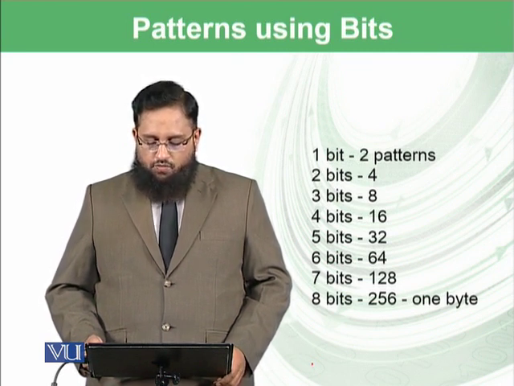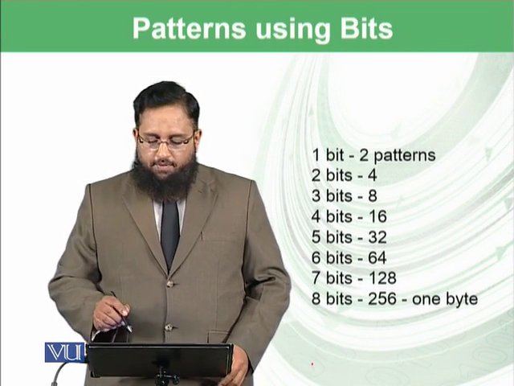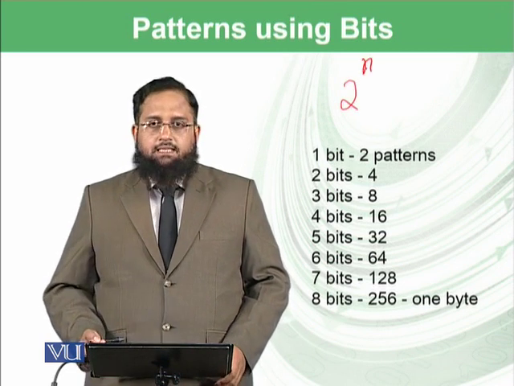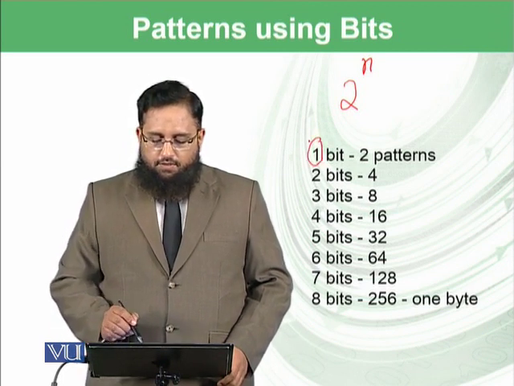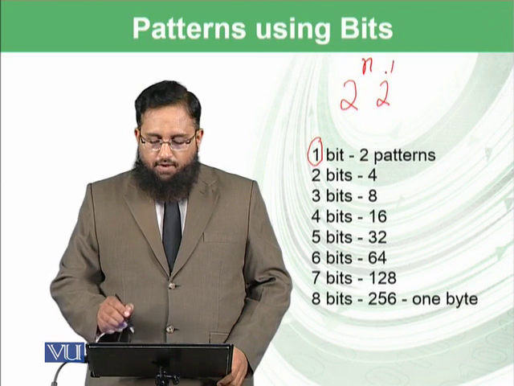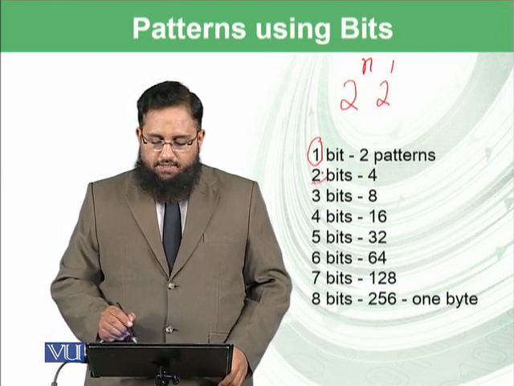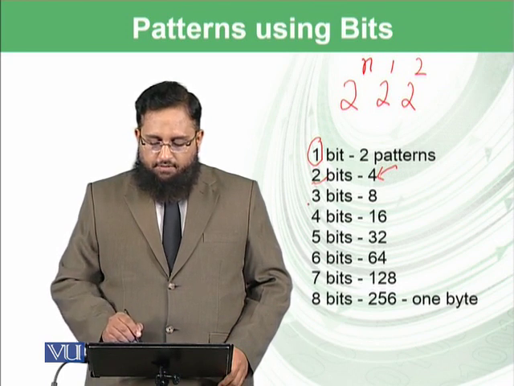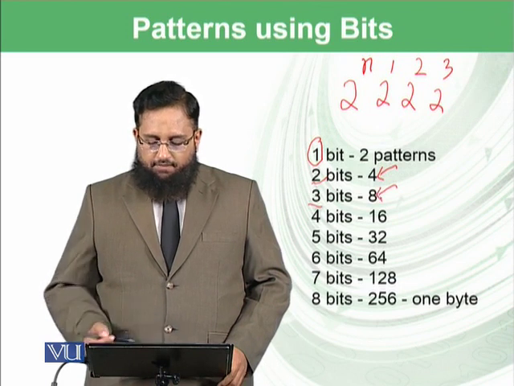So 2 bits can form 4 patterns, 3 bits can form 8 patterns, 4 bits 16, 5 bits 32, 6 bits 64. So normally it will become 2 raised to power n, where n is the number of bits. For example, 1 bit gives 2 raised to power 1, which is 2 patterns. 2 bits gives 2 raised to power 2, which is 4 patterns. 3 bits gives 2 raised to power 3, which is 8 patterns.